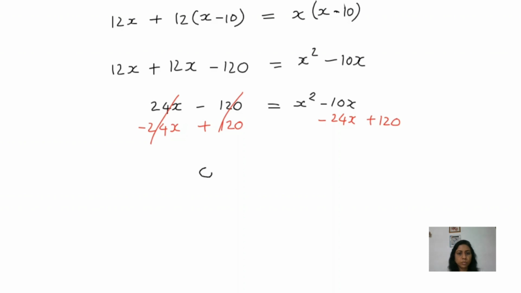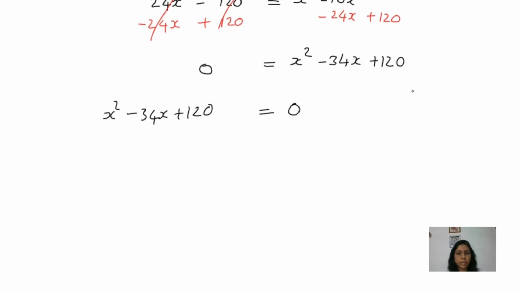This will be 0 is equal to x square minus 10x minus 24x plus 120. Now we can write x square minus 34x plus 120 is equal to 0.